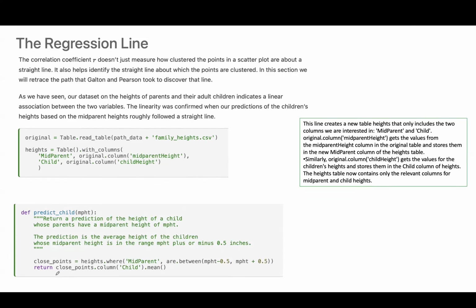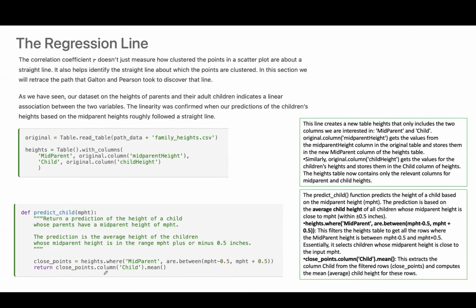It's going to return the close points, which basically extracts the column child from the filtered rows, which is your close points, and computes the mean or average child height for these rows.